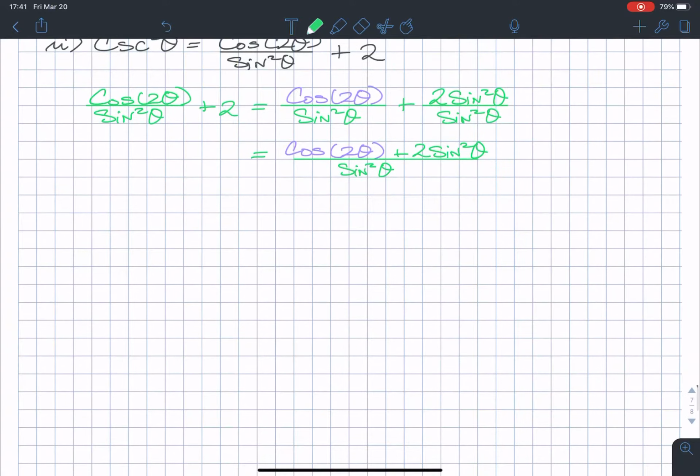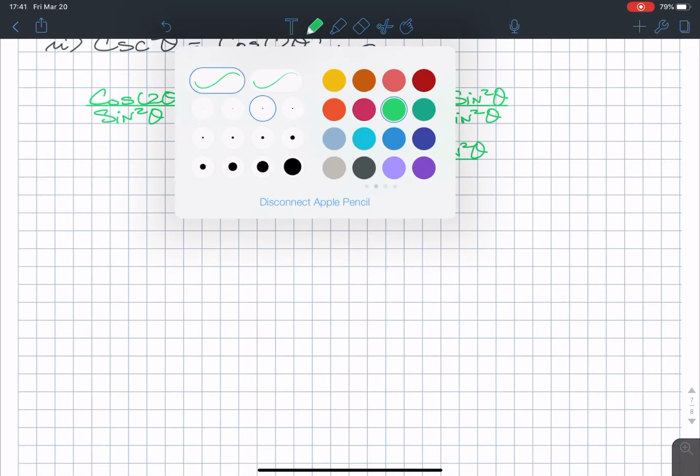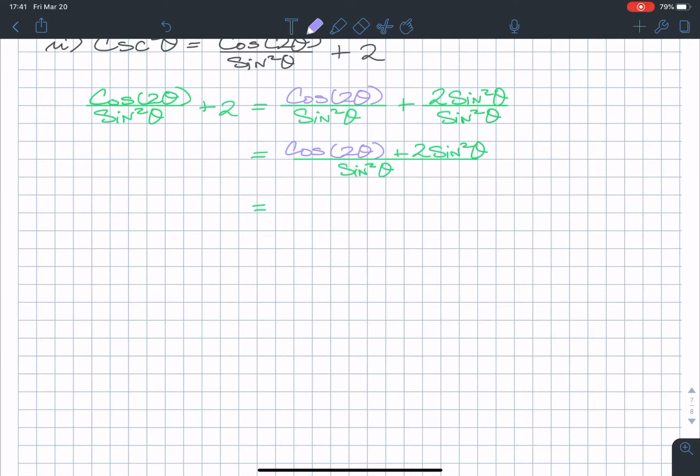And now let's rewrite cosine of 2 theta as its main identity, which is cosine squared theta minus sine squared theta. Then I have plus 2 sine squared thetas all over sine squared theta.